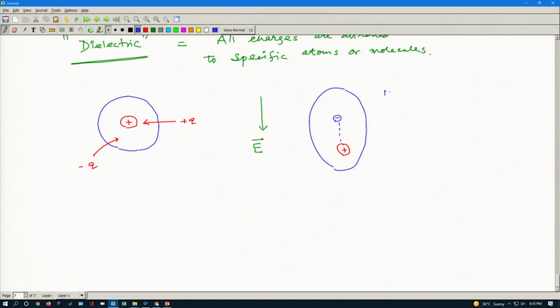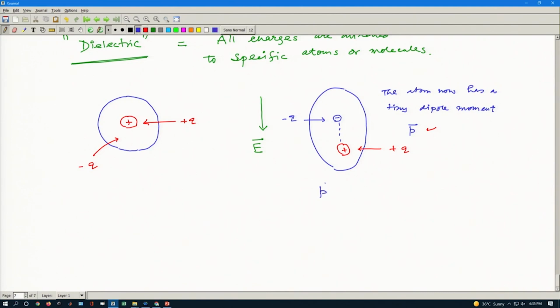So, here the atom now has a tiny dipole moment, and we call it P. Now my minus Q is sitting here and my plus Q is shifted under the external electric field, and that is why this leads to a tiny dipole moment P, and P is normally proportional to the applied electric field.